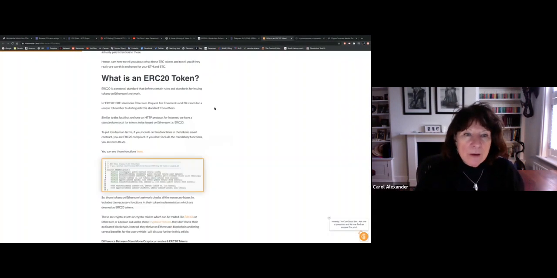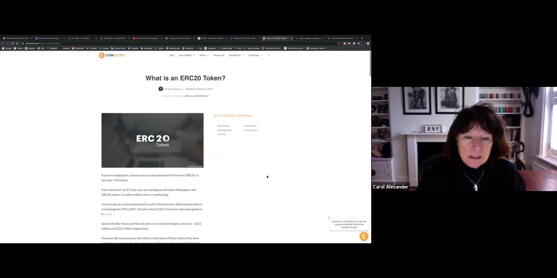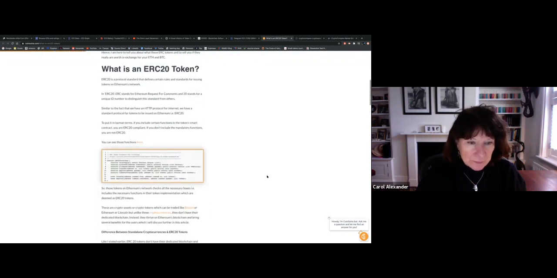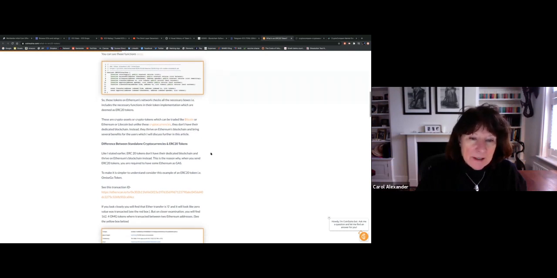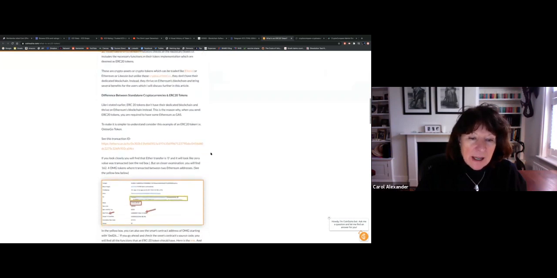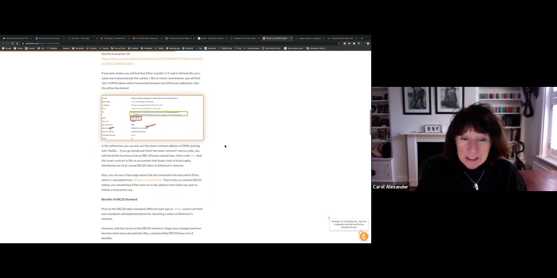So more about what an ERC token is in this article, written last August. You need to design the smart contract in a way that it's going to have the right standards. It won't, for example, like the DAO, which had a famous hack because the smart contract had an error in it.